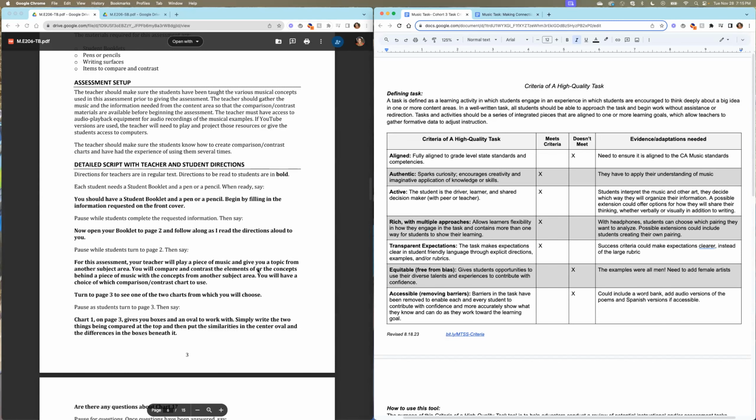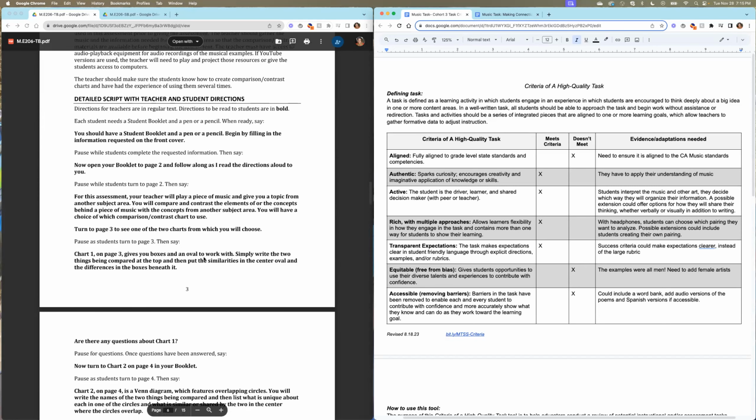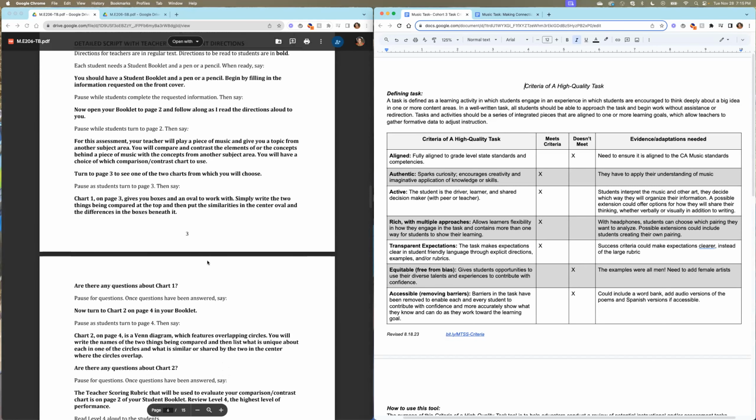Within this task, the foundation is a piece of music, and then they engage with another piece of art and compare the two. They should be similar either thematically in some way or from the same period of time. That's how I started out looking at this task.